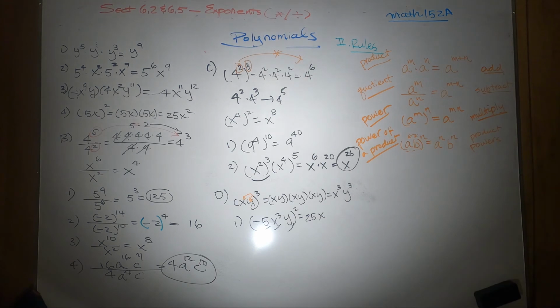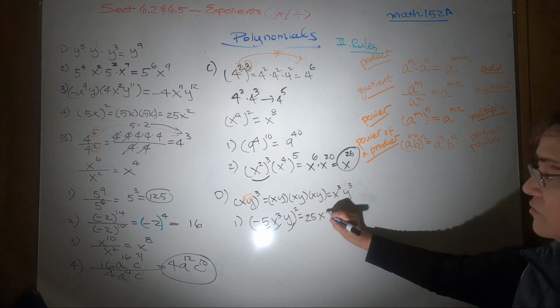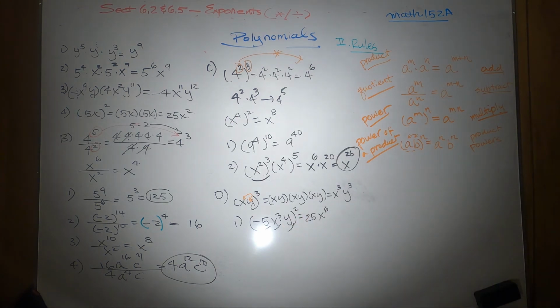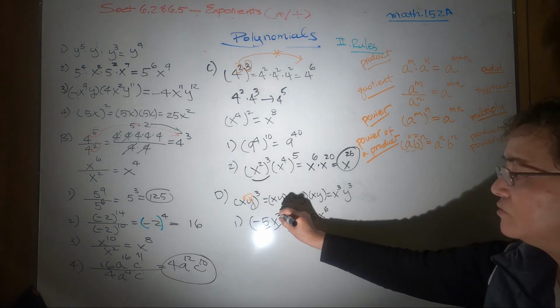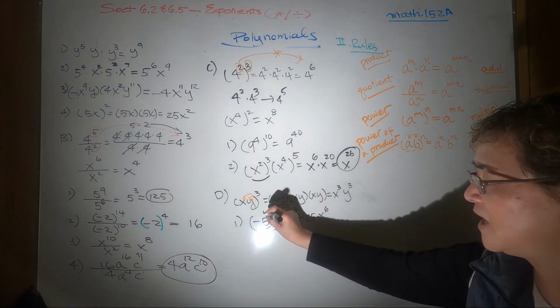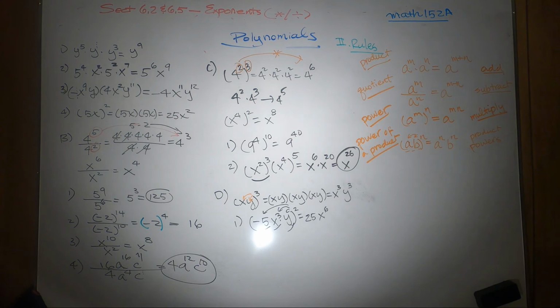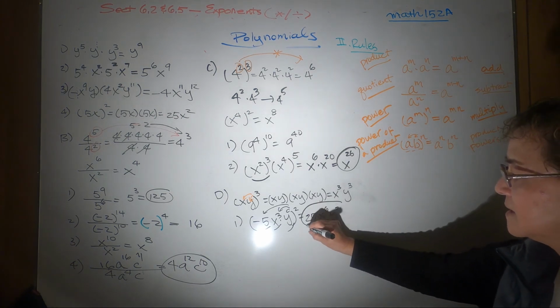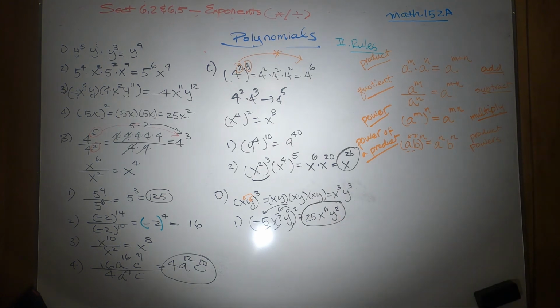Then x³ to the second power. That would be power on power. You multiply. You need to distribute your power to every base inside the parentheses. So y is how many power? Second power. Right?